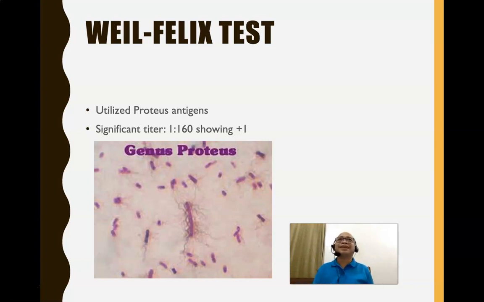So that's the history of the Weil-Felix test. Can you imagine? Weil and Felix were able to relate the presence of Proteus antigen in the urine of a patient with rickettsial infection. So obviously, this one is not really specific for rickettsia.